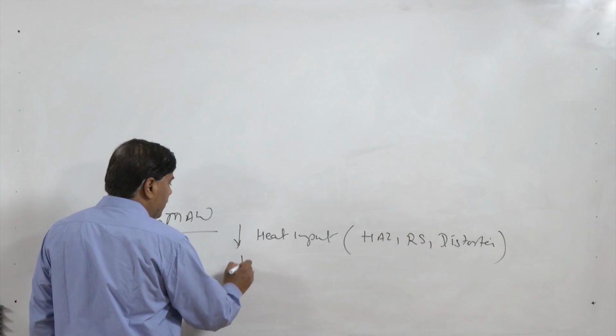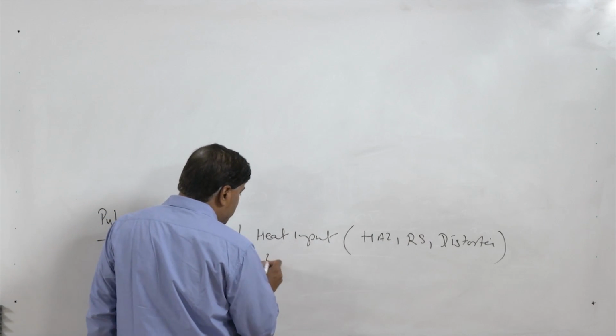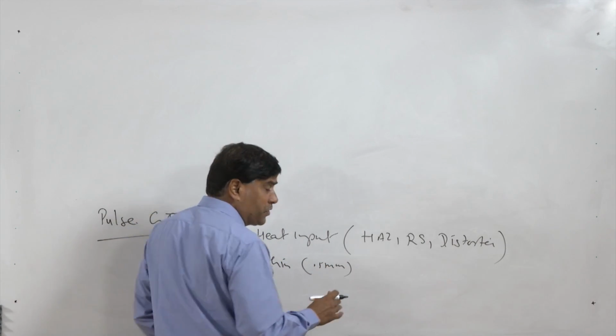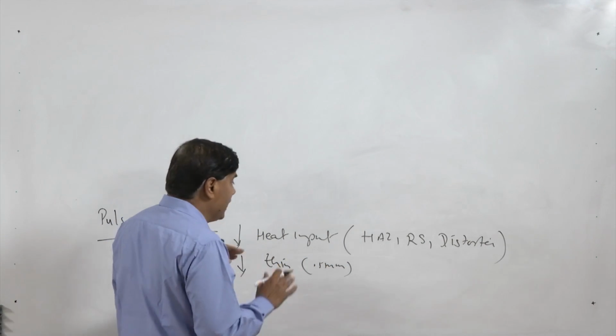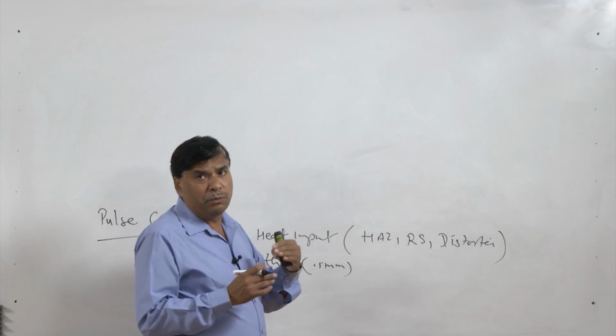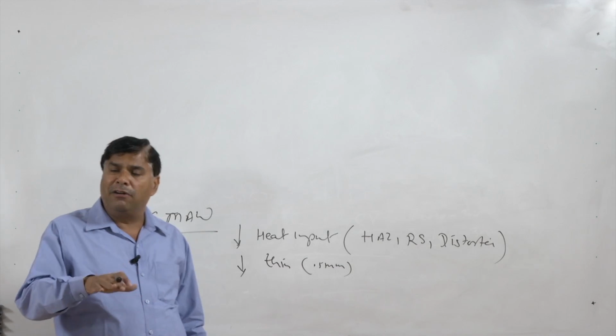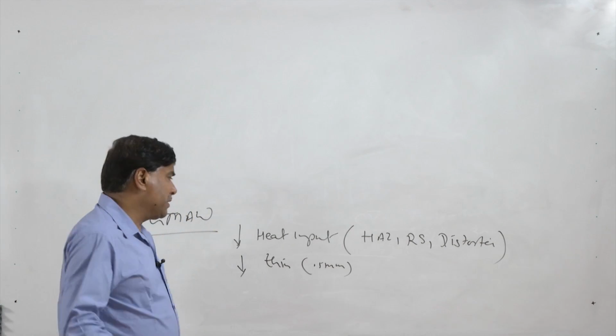Another alternative, maybe we want to join extremely thin sheets like say 0.5 mm or 0.3 mm or less than 1 mm. In that case, too high heat input will immediately cause the melt through situation and we will not be able to control the molten metal.